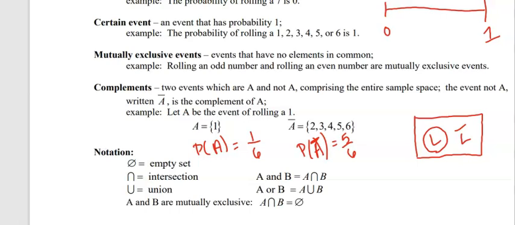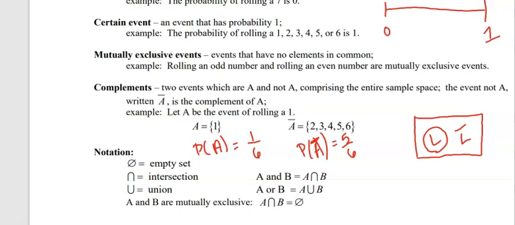All right, let's review a little bit of our notation for sets before we go on and do any more problems. The empty set is like a 0 or an O with a slash through it. The upside down U, recall, means intersection. That's the overlap, A and B. Union is when we put the two together. A union B means A and B together, anything in A or anything in B, pulling the two together.